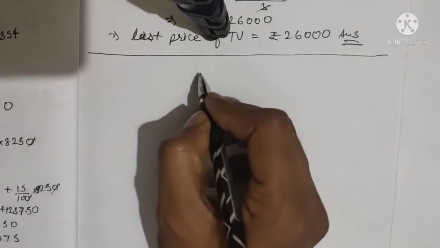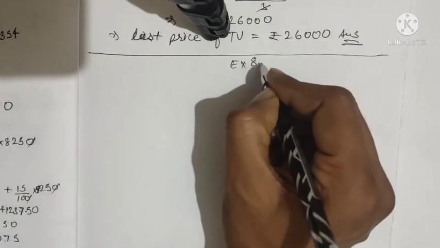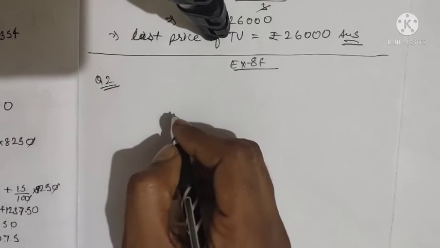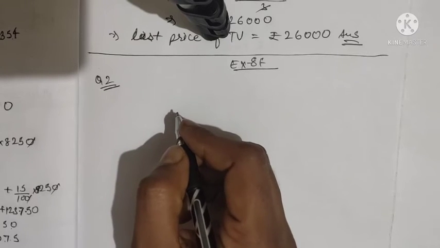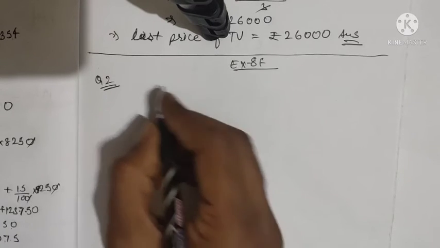Now we are going to solve exercise 8F. Question number 2 is, John belongs to Delhi. He buys goods worth rupees 25,000.